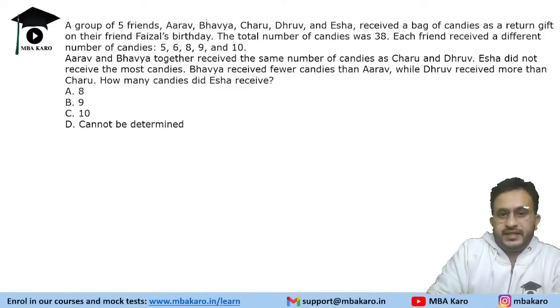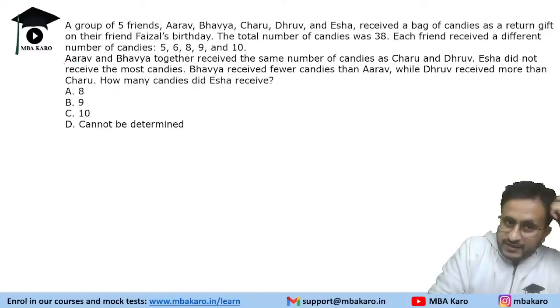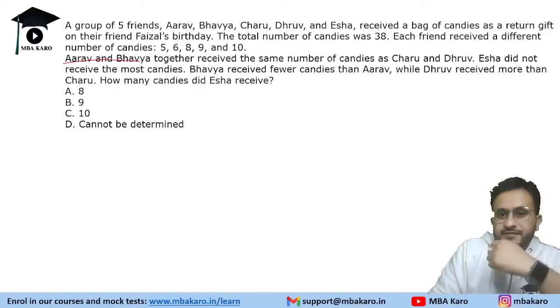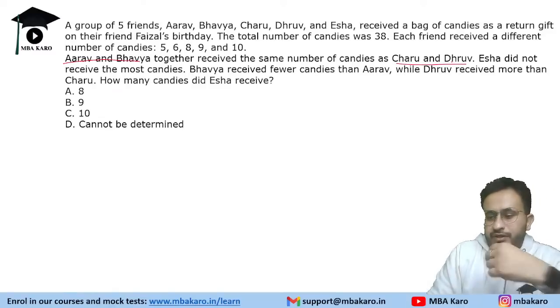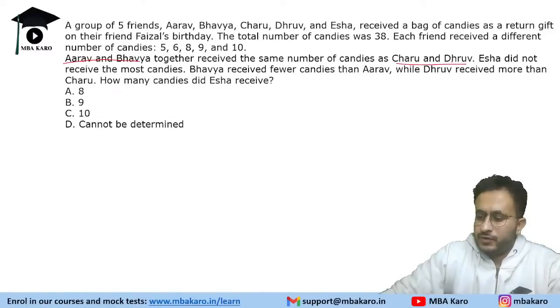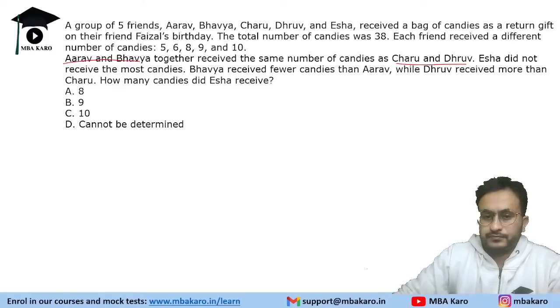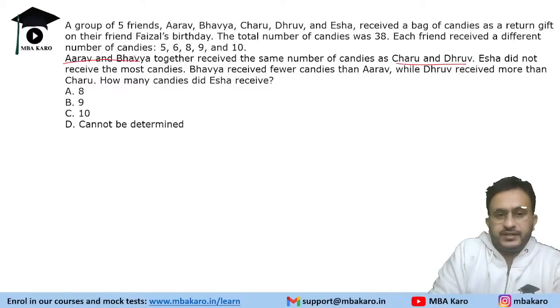Let's see A, B, C, D. It is given that Arav and Bhavya together received the same number of candies as Charu and Dhruv. Okay, so A and B is the same as C and D.